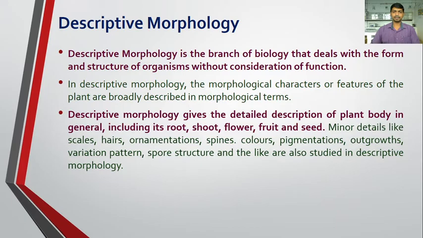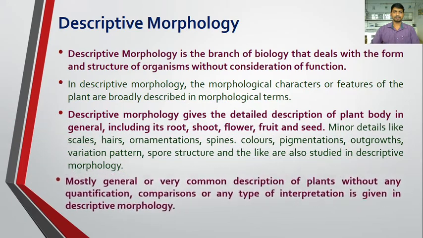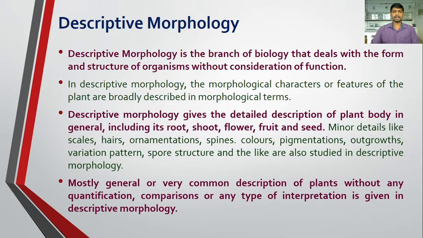Mostly a general or very common description of the plant, without any quantification, comparison or any type of interpretation, is given in descriptive morphology. It describes the plant structures in detail only, without any quantification or comparison.